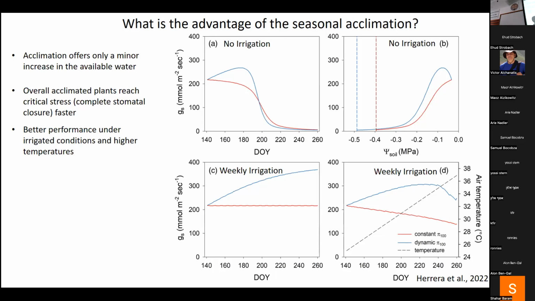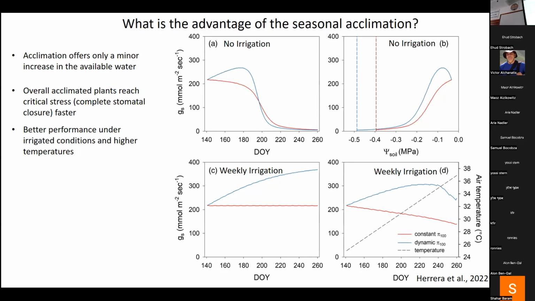And the advantage is even clearer if you also increase the temperature of the atmosphere. Here we simulated the atmospheric temperature increasing from 25 to 36 degrees over about 4 months.